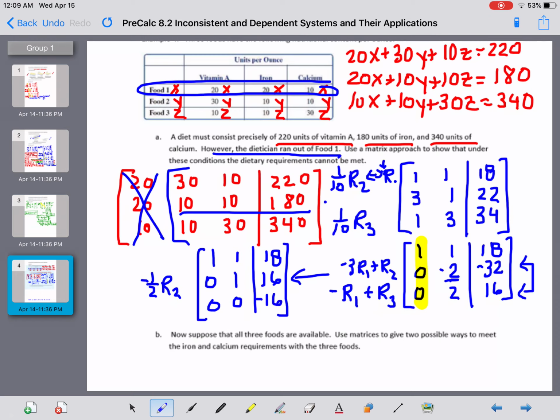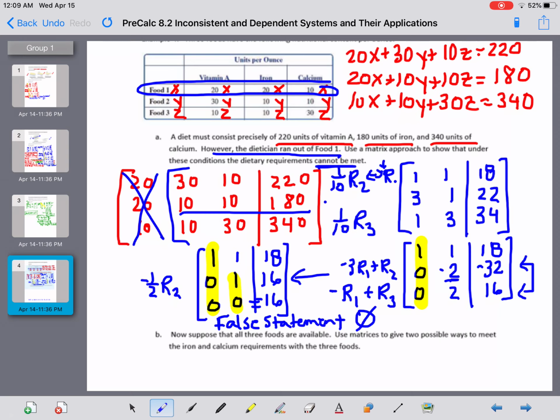And what you're going to notice here, I love what I have here and here, but unfortunately across the bottom I have a false statement. Which means I have no solution here, which means I cannot meet my dietary requirements if I run out of food 1. All right, and that's using that non-square on that one.